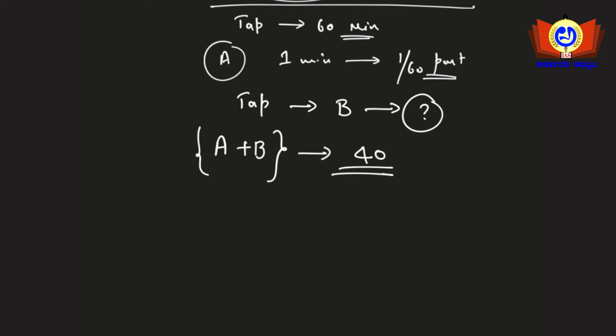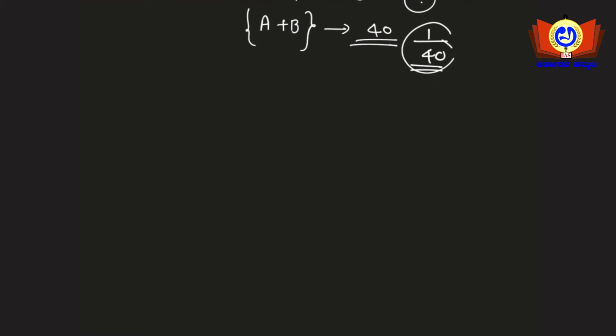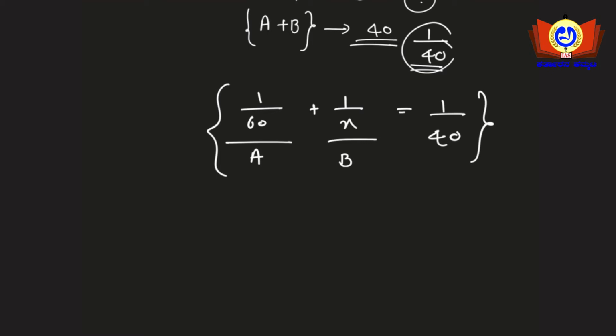So in 1 minute, 1 by 40 part of the tank will be filled if both are opened. So 1 by 60, the part filled by pipe A, plus 1 by X, by pipe B, will be equal to 1 by 40. Yes or no? This is the substitution you need to know here.